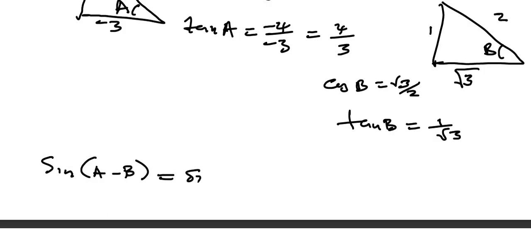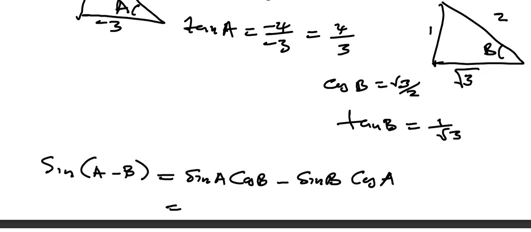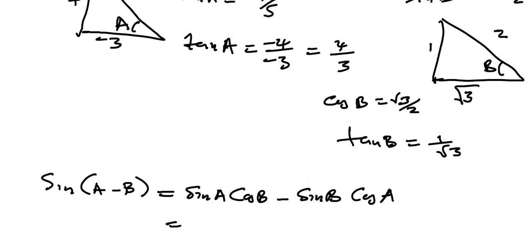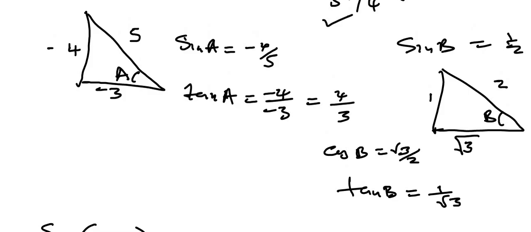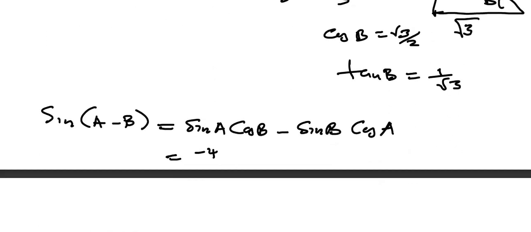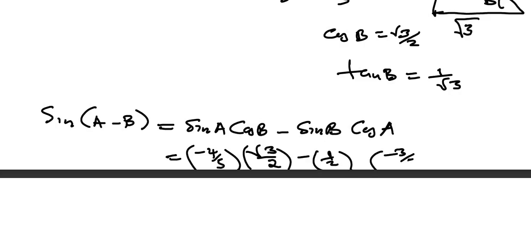This is equal to sine A cos B minus sine B cos A. So sine A, according to what we got here, is negative 4/5, and cos B is here, which is √3/2. They are in the first quadrant, so all the ratios are positive. Then sine B is 1/2, then cos A is negative 3/5.